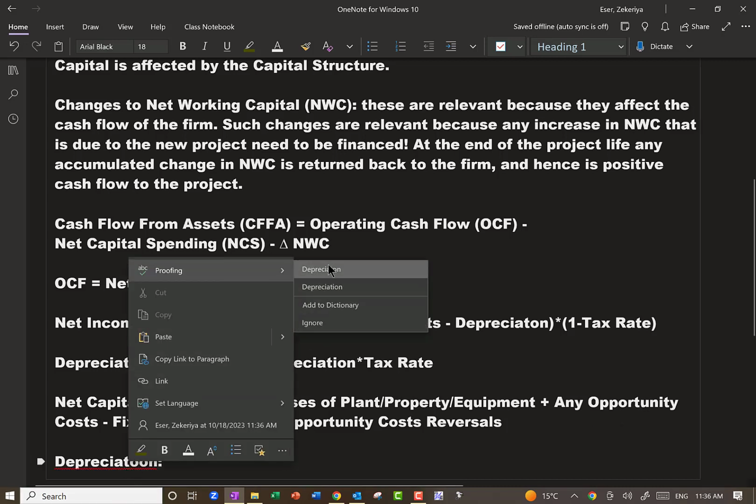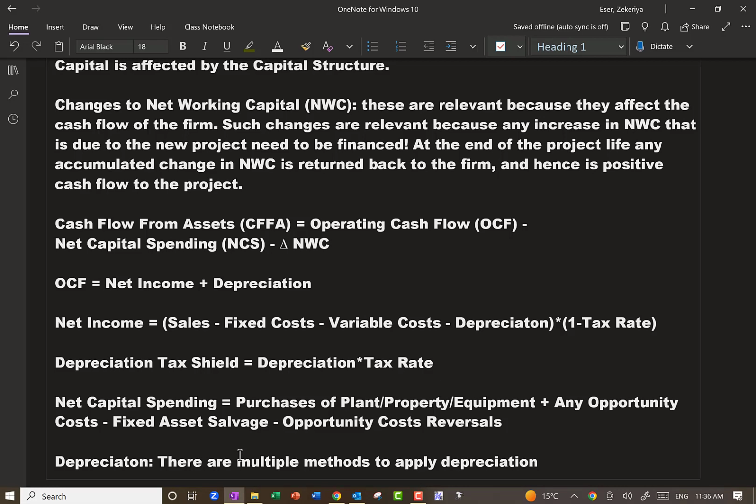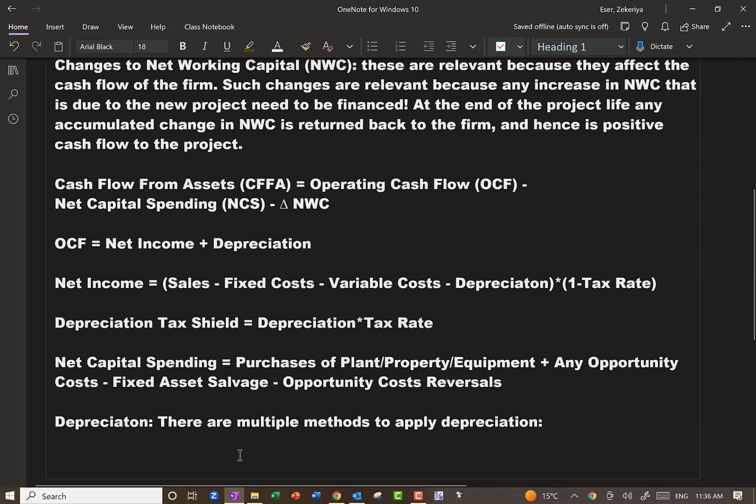I can always misspell it and correct it. There are multiple methods to apply depreciation. I'm going to talk about basically only 3 of them. One of them is straight line depreciation.